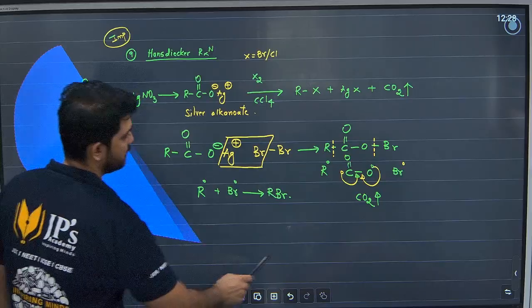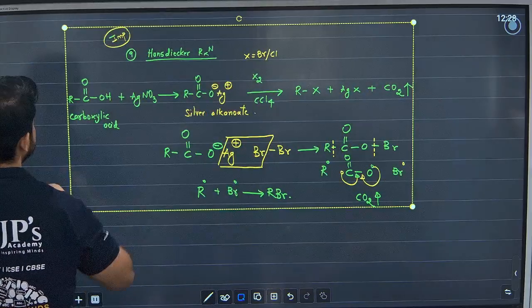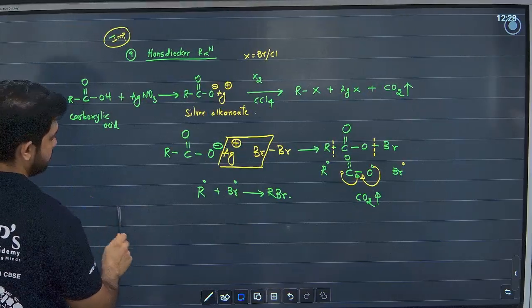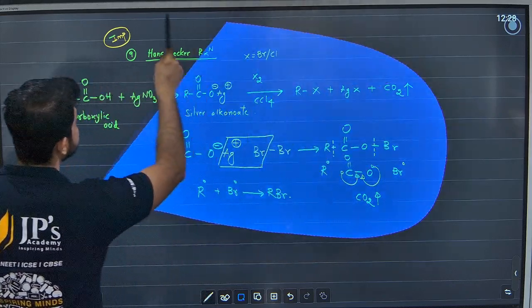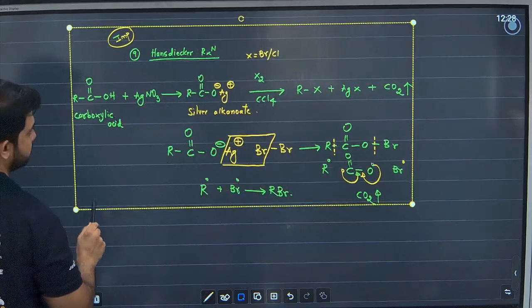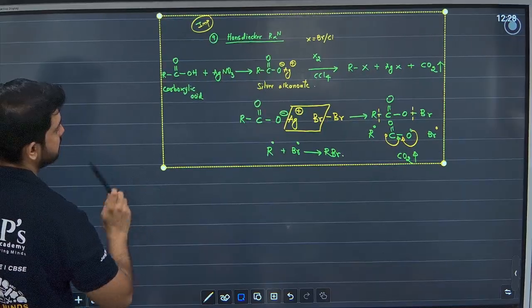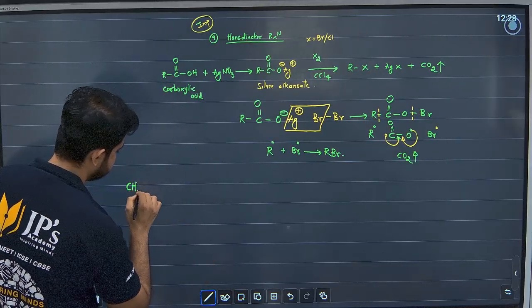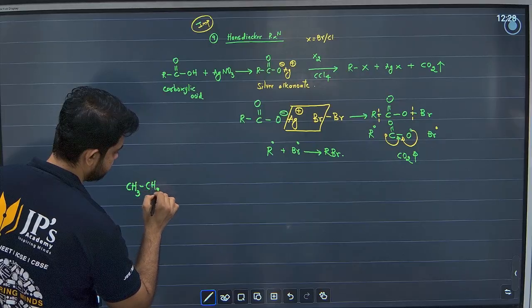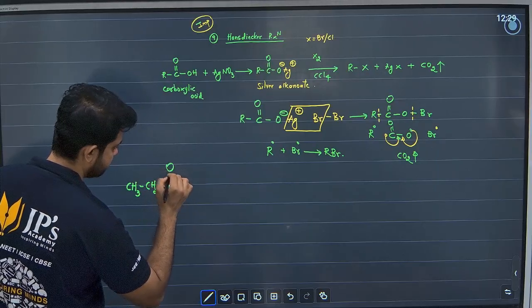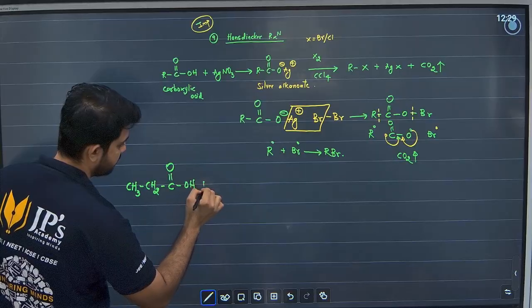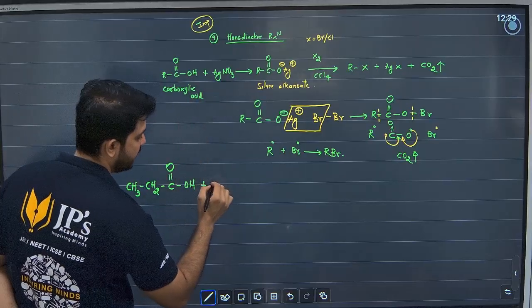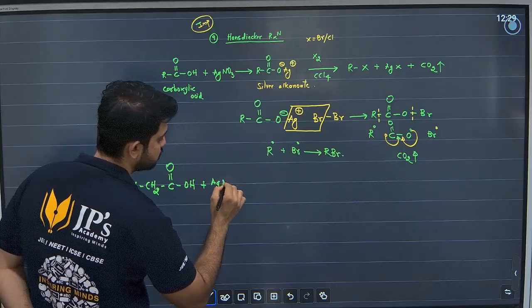कोई एक simple सा example ले लो, because I want to show decrease in carbon chain. चलेगा, propanoic acid से कर लेते हैं. So if I start with propanoic acid, plus what do we have, people? AgNO₃. What salt will I get here?